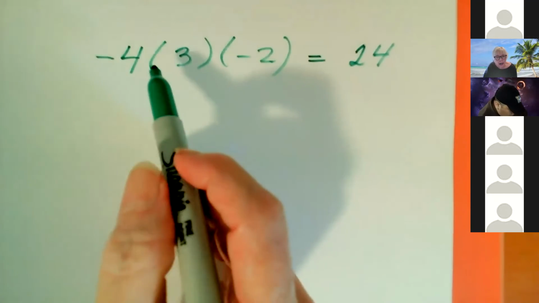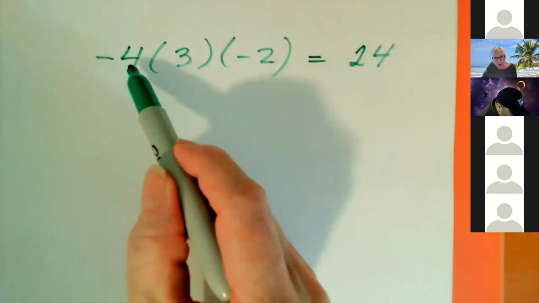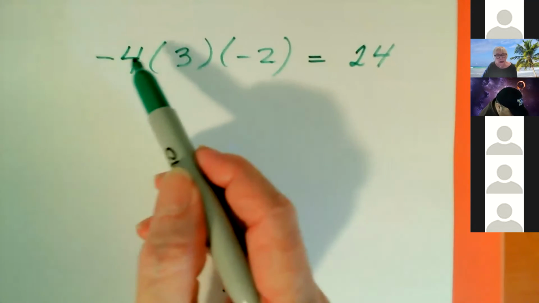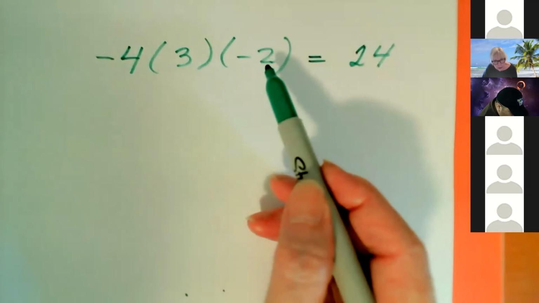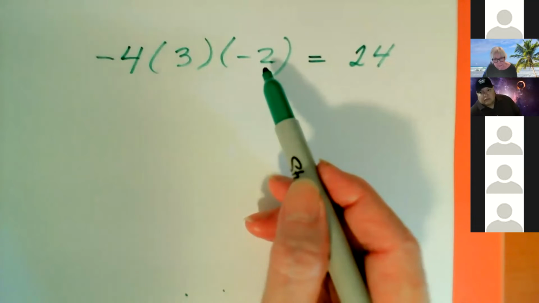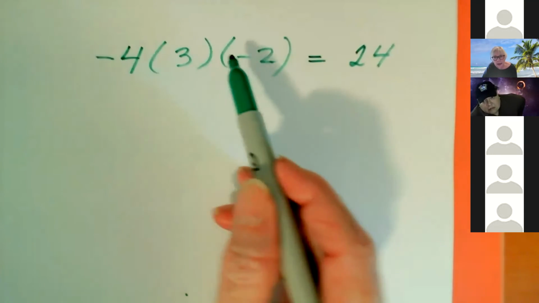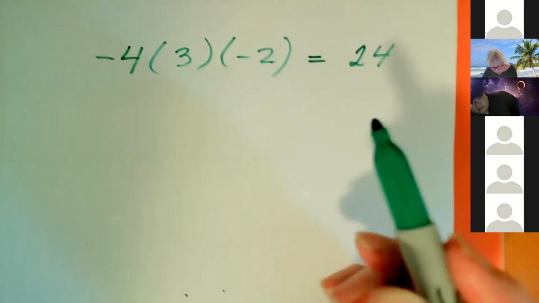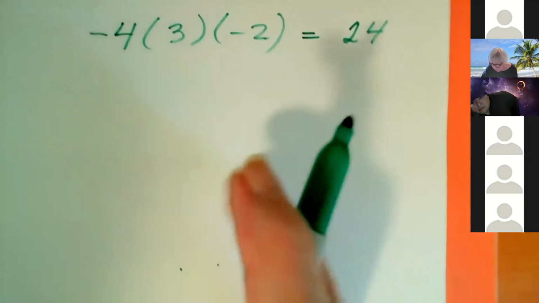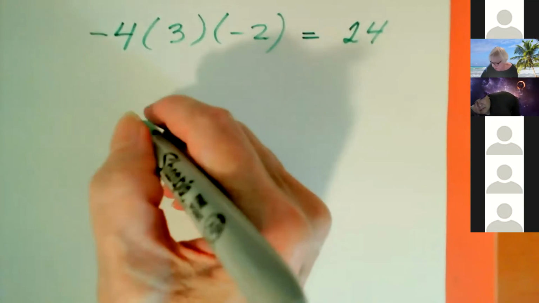And so it might help to separate out your decision about what is the sign from what is the number. The number is 24, but is it positive or negative? 2 negatives, it's positive. Now I'm going to show you something. Ready for this?